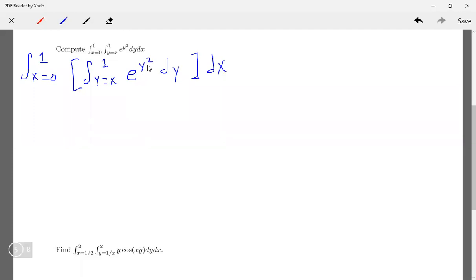This is a problem because we can't find the antiderivative of e to the y squared. If we had a y there, we could do u substitution or something, but we can't. But if we look at the limits, we notice that in the inner limit, y is in terms of x. y is equal to x.